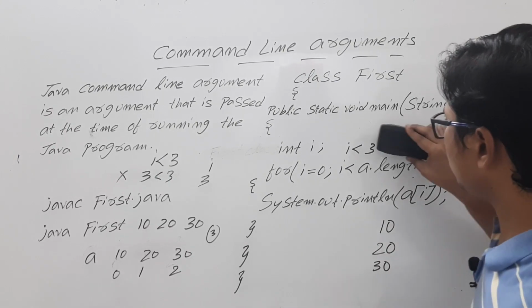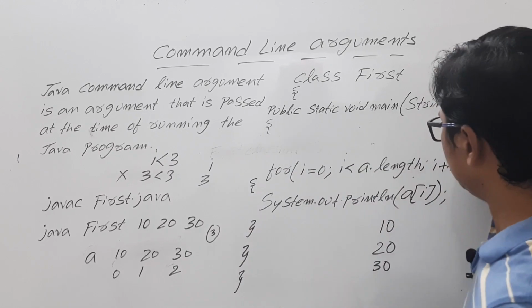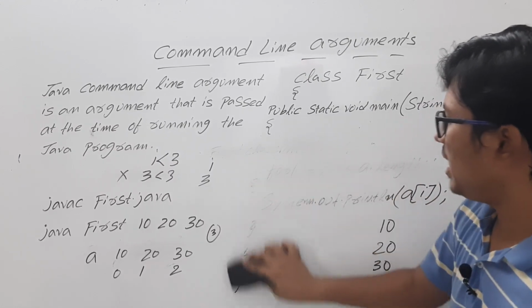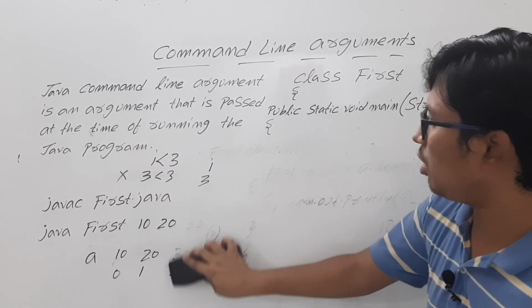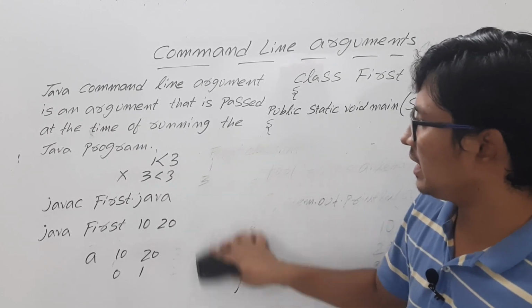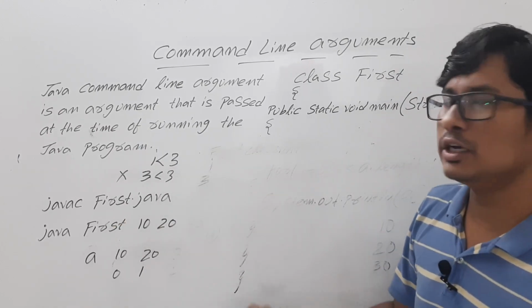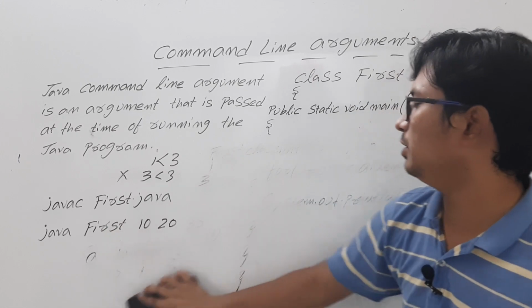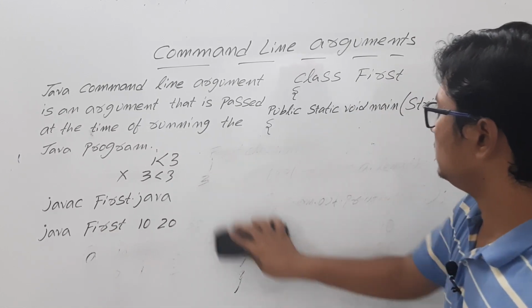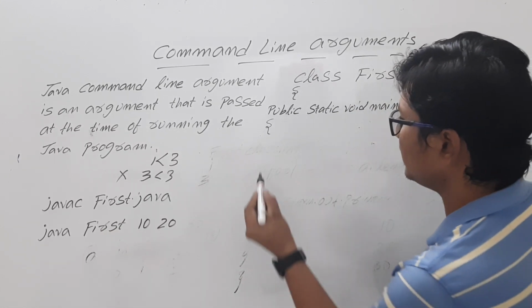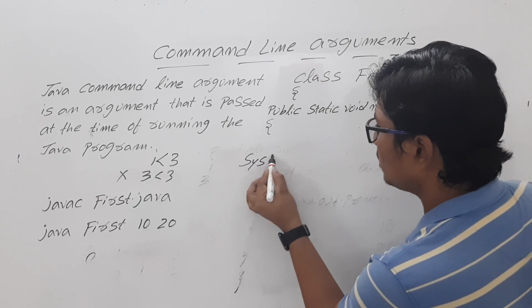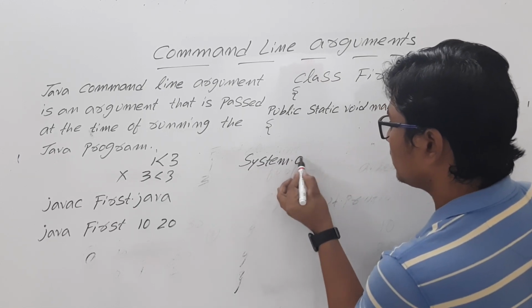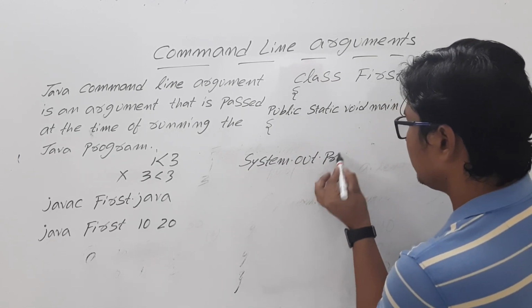Now what I will do is modify this program and display the sum of the two arguments. Suppose I am writing two arguments 10 and 20, and I want to compute the sum. So I will simply write system dot out dot println.